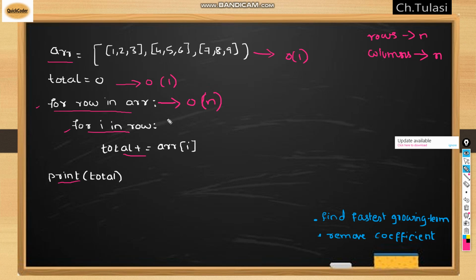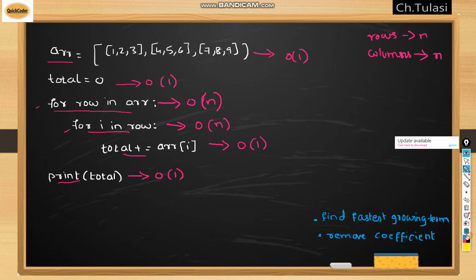So it runs O of n times for the rows, and for each row we have n elements. Then this loop also runs up to n, and as it is an arithmetic equation, it takes O of 1. Then I am printing the total, which takes O of 1 time.